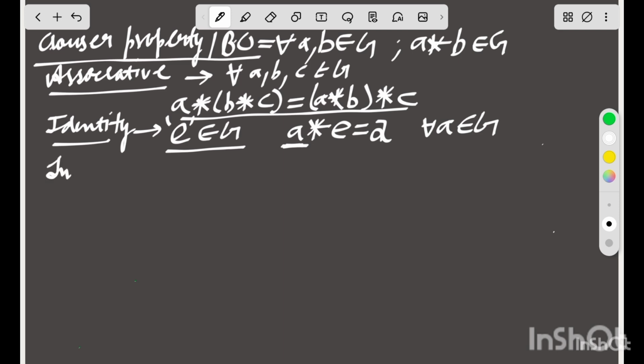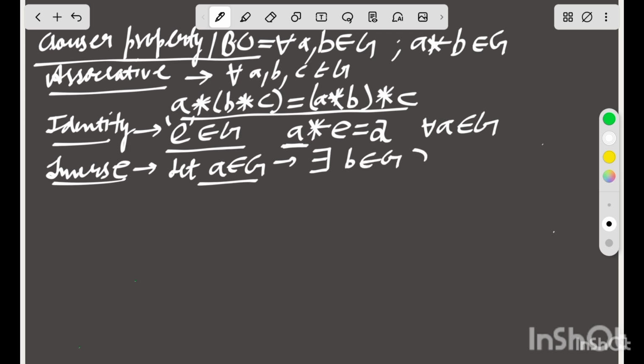Fourth is the inverse. If every element of the group has the inverse element, then we called group satisfies the fourth property also. So how we find out the inverse of an element? Let A be any element of the set G. If we are able to find out an element B in the set G such that if we operate A and the B, the result should be E. E means identity element.